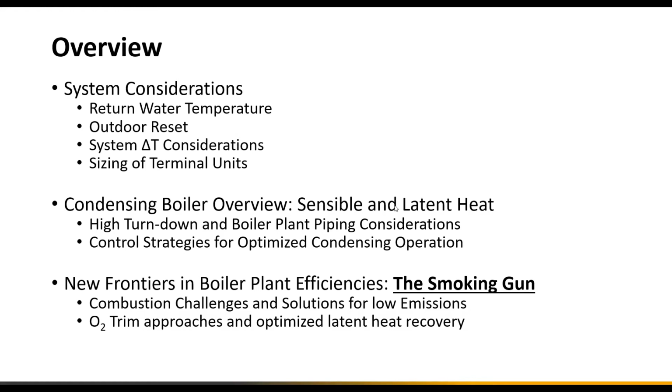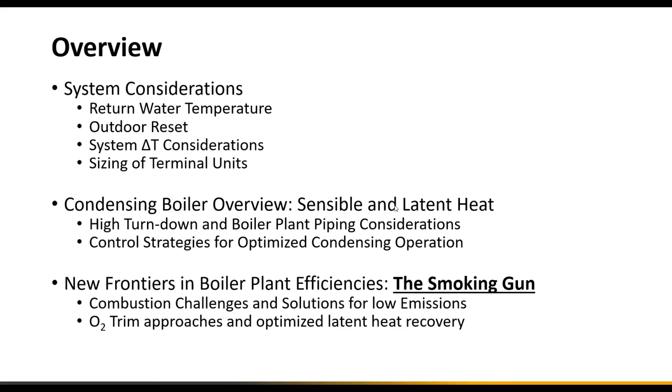The next section is the condensing boiler overview, which covers the piping and control aspects, what really are the secrets to high turndown boilers, and also boiler plant piping and how different boilers can be piped up to optimize overall efficiency. Then the third major topic is the new frontier in boiler plant efficiencies. We'll call it the smoking gun.